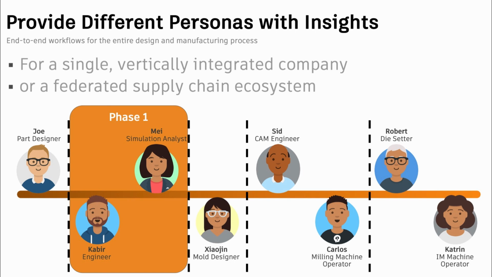The other thing is, all those personas can actually be part of different companies, and Fusion intends to become a platform where the owner of the data can be sort of the design firm, but everybody else can get access to certain areas of the design for them to consume and contribute to. And when updates are being made, they can ripple up and down the chain and inform people that the changes are relevant to.